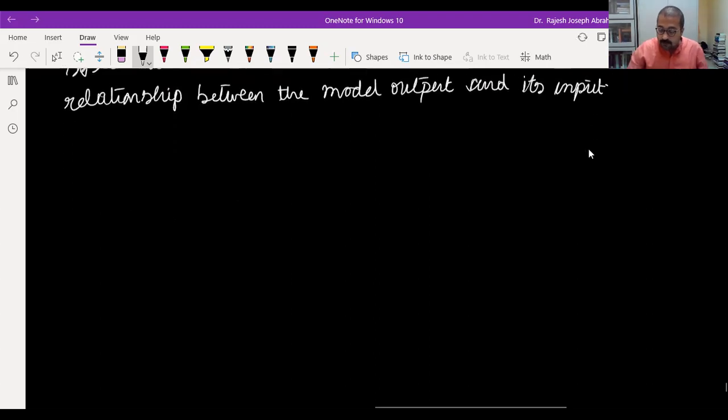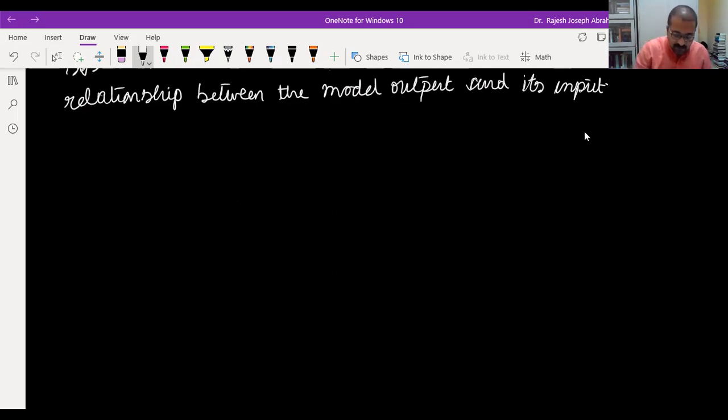Fine. So we will now see the formal definition of a state.